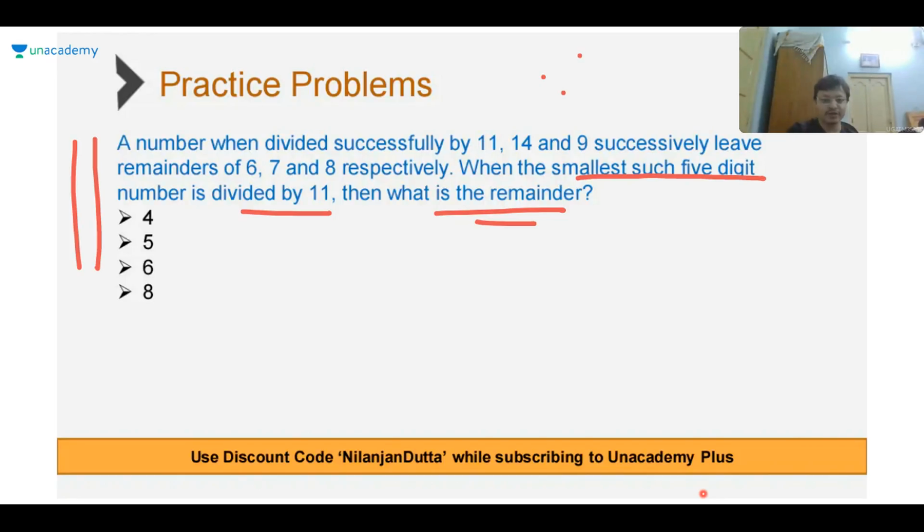So how do we get the smallest such 5-digit number? What is the remainder when divided by 11?